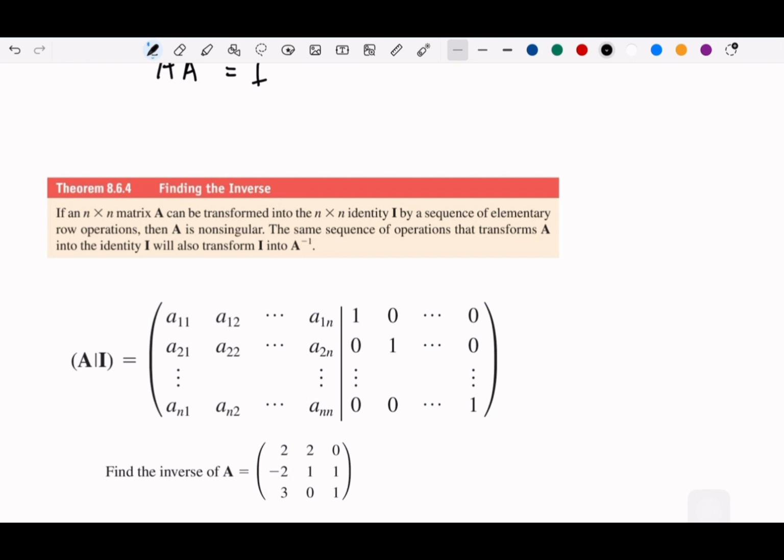If the n by n matrix can be transformed into the identity by a sequence of elementary row operations, basically what we did previously, we take one by one, and then we get this identity, so 1, 1, 1 as our variable of solutions, right? And then if we want to find the inverse of the matrix A, we can also transform matrix A into the identity.